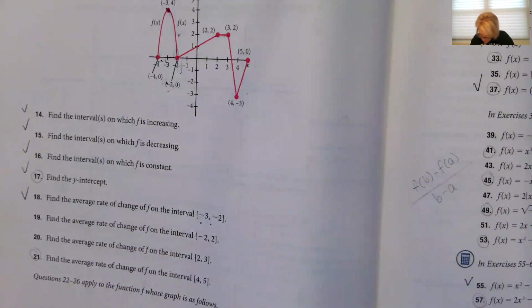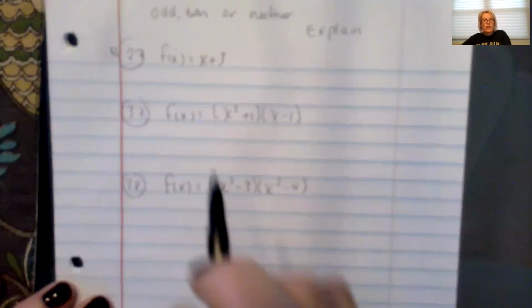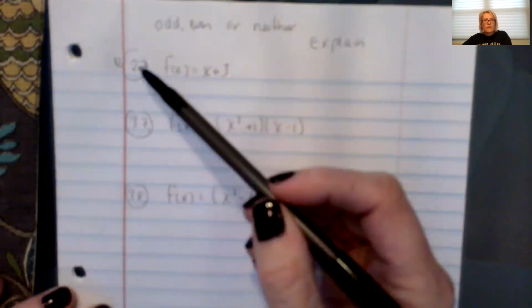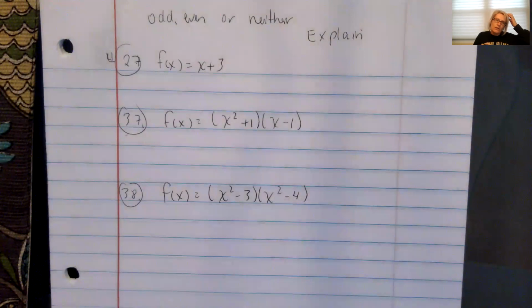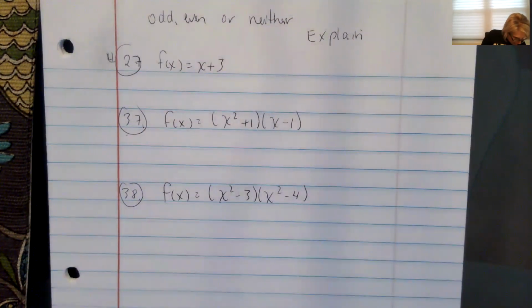Okay. I also want to look at some more on whether they're odd or even or neither. And we're going to look at, if you can go to your book, 27, 37, and 38. And good, it's focusing there. 27, 37, and 38.